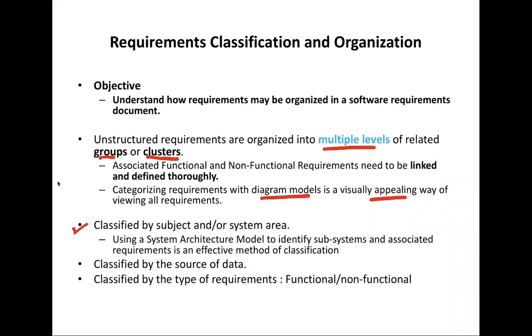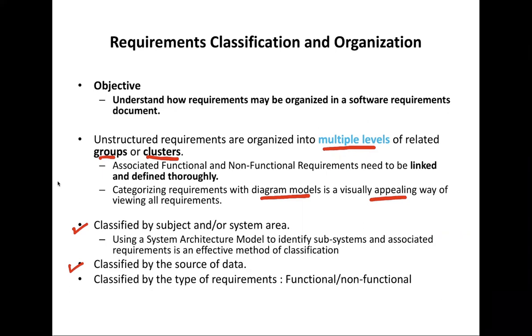Another way to classify requirements is based on the source of data. So if you have requirements from developers as stakeholders, then you group all the requirements that have been collected from the developers. Or if you have collected requirements from the CEO of the company, then you group all the requirements based on the CEO collection.